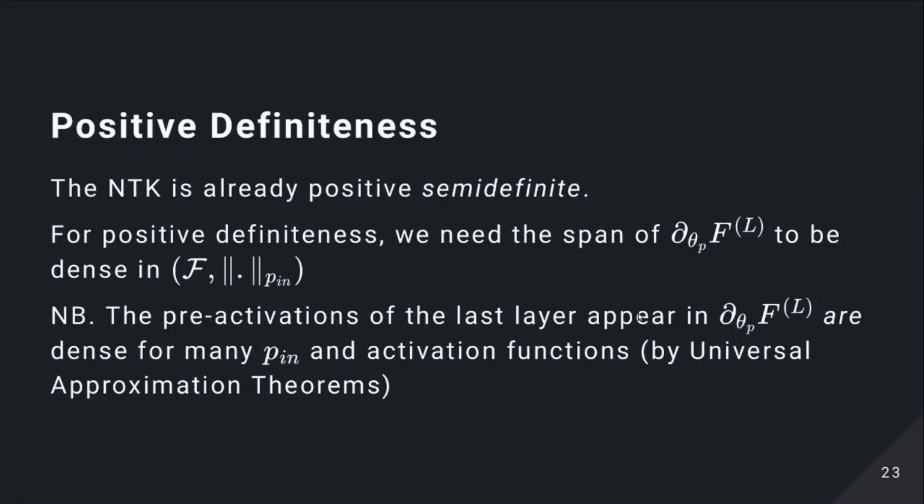Because of the universal approximation theorem, this span of d theta will be dense in our function space, and so we'll have a positive definite NTK. But I think one assumption about the input distribution is that you're able to take more and more data points and they cover your entire space densely, so there's no region that has no data points at all. Not entirely sure about that point, but I'm assuming.